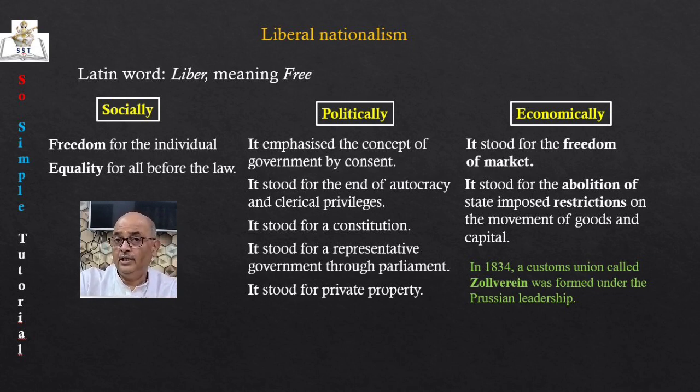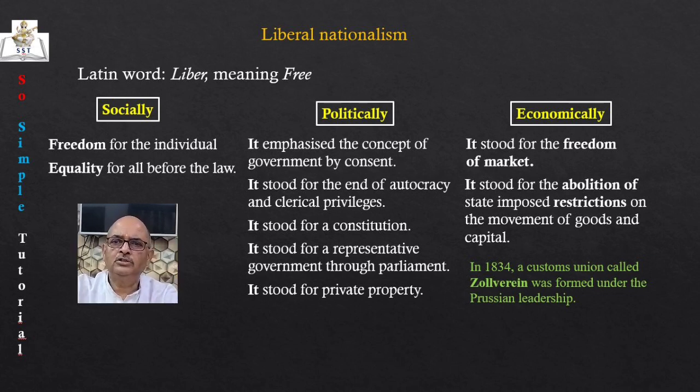But their equality before law did not mean universal suffrage. They did not support voting rights for women. In the economic sphere, liberalism stood for the freedom of markets and the abolition of state imposed restrictions on the movement of goods and capital.